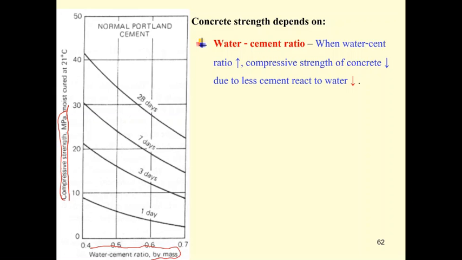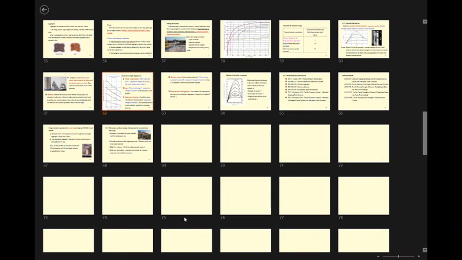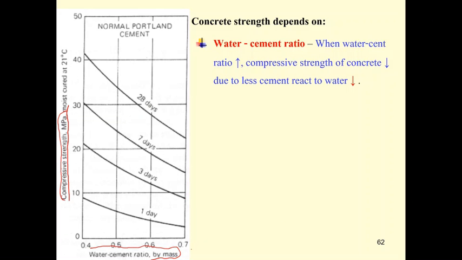That means if the water cement ratio is high, there is more water, and if the water cement ratio is low, there is less water. Let us consider the concrete with 0.4 water cement ratio. That means you have 40% of water and 60% of cement.